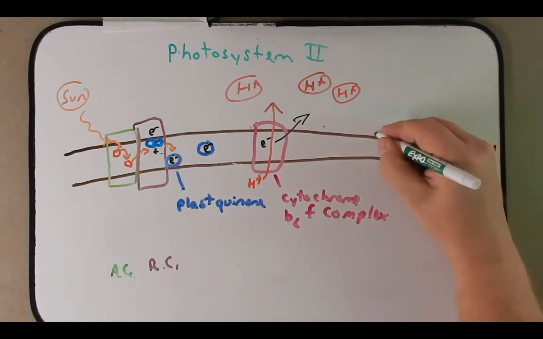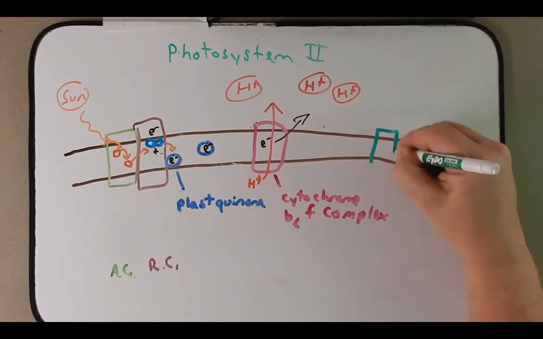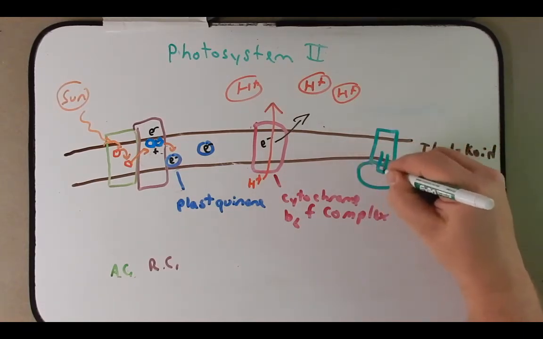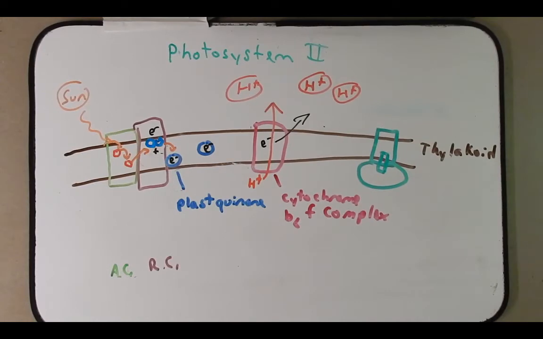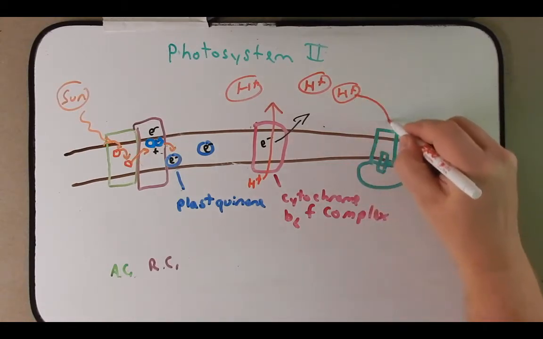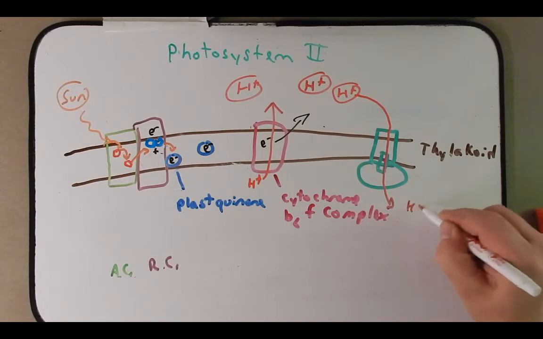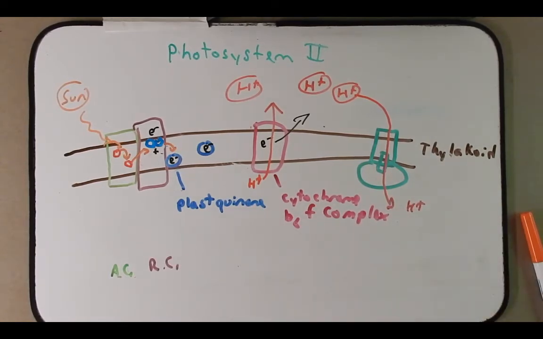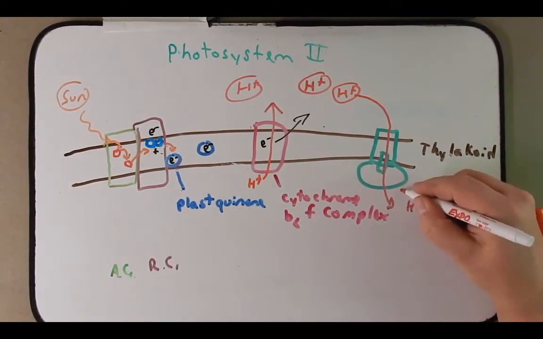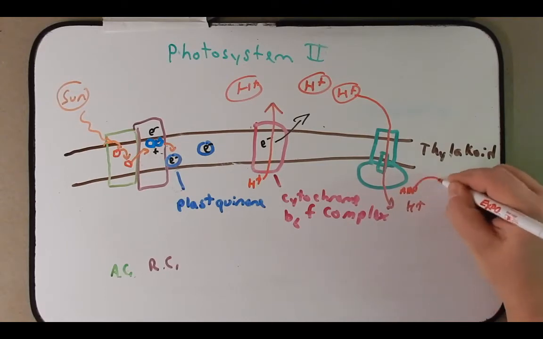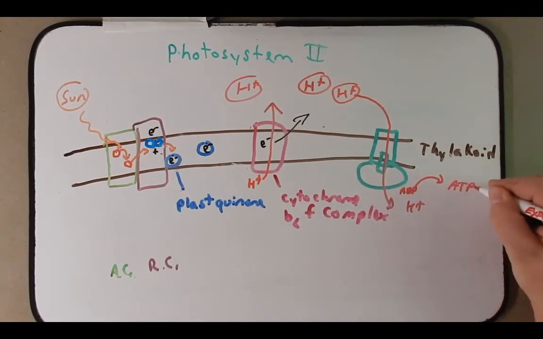And just like we saw with oxidative phosphorylation, we have this ATP synthase with the stalk here that spins around and releases ATP. And it releases ATP just as you would suspect by having these protons moving through here. Just like we saw with oxidative phosphorylation, that causes the ADP to be converted to ATP.